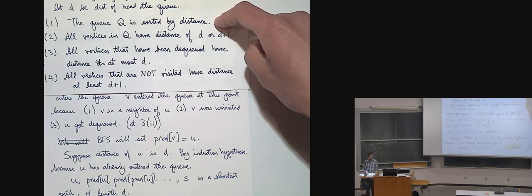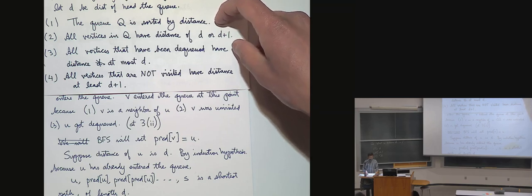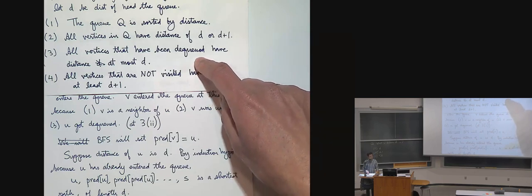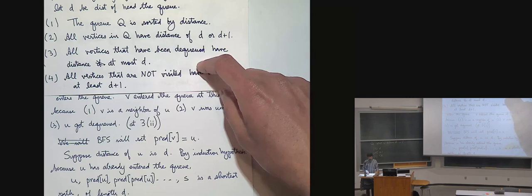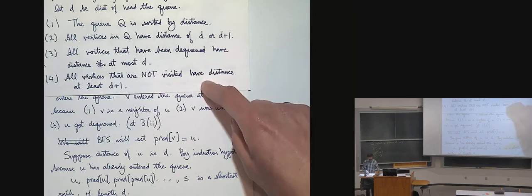But why does the queue being sorted by distance really, why is that relevant? Meaning that the DQ'd vertex has the smallest distance. Okay. The third one's the same. I think it could probably work just using the third one. Possibly. Yeah. Just use 4.